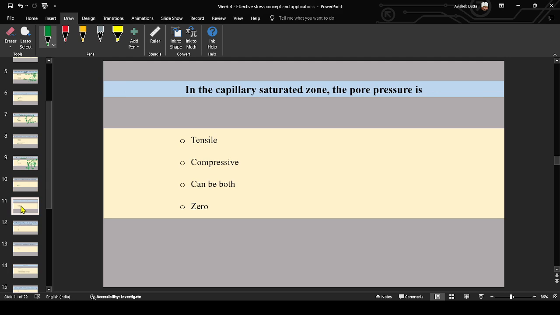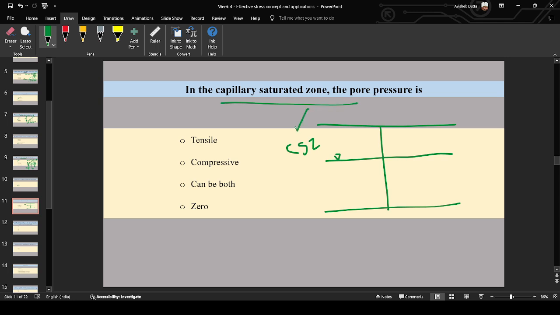In the capillary saturated zone, the pore pressure is tensile or compressive? It is a similar question. I'll just draw a diagram and show you. Suppose here is the water table, and this is the base to find out the pressure. This is the capillary saturation zone. Here it is compressive, force acting downwards.